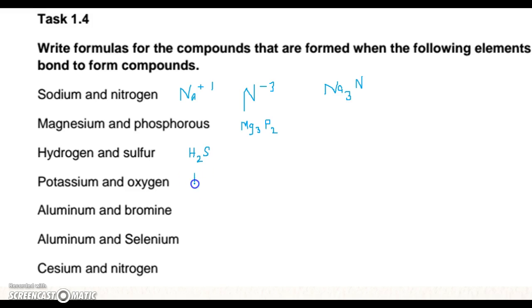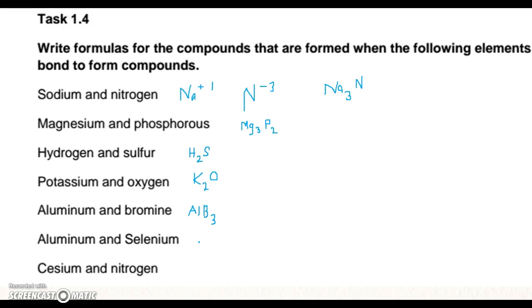Potassium and oxygen. Potassium has a charge of plus 1. Oxygen has a charge of minus 2, so we'd have K2O. Aluminum has a charge of plus 3. Bromine has a charge of minus 1. So crisscross those charges, we have Al for aluminum, Br3. Aluminum and selenium would be, Al has a charge of plus 3.